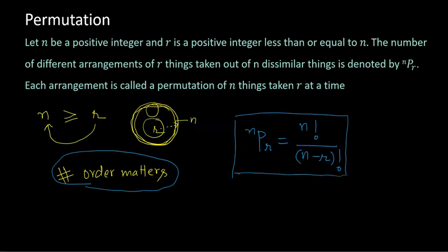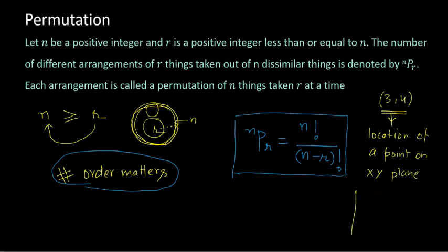Let me give one simple example of what I mean by order matters. Say I have two positive integers, 3 and 4, written in this order, representing the location of a point on the xy plane.